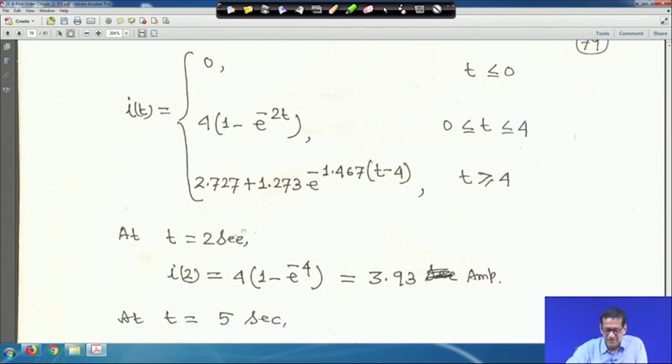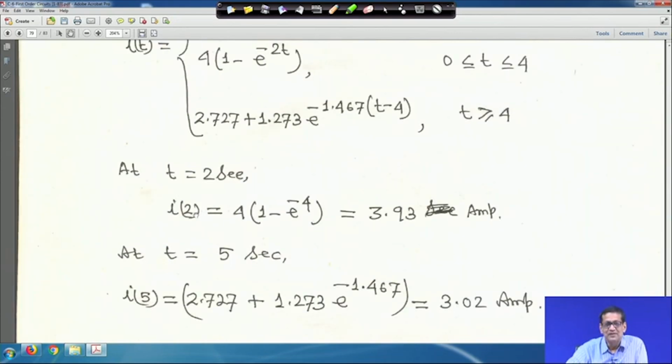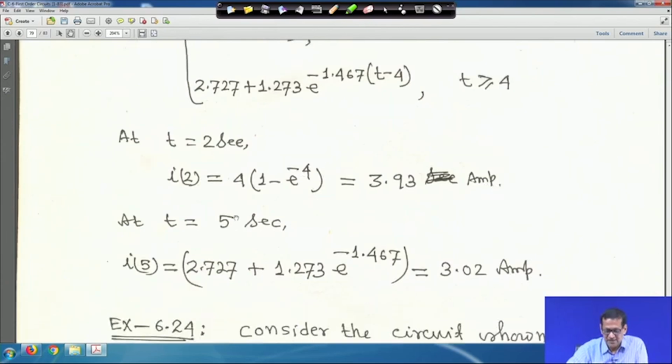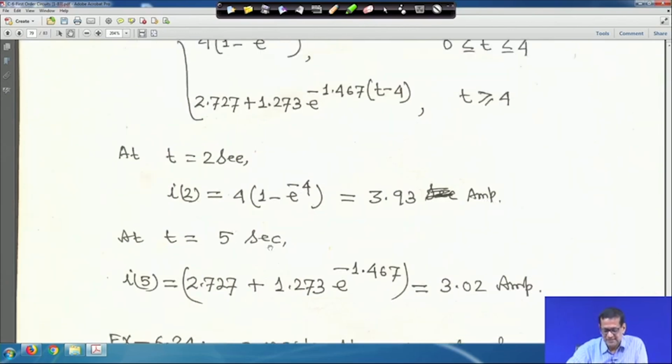It has been asked to find the value of I at t is equal to 2 second. So I 2 is 4 into (1 minus e to the power minus 4), which is 3.93 ampere. It is also asked at t equal to 4.5 second. So it will be 2.727 plus 1.273 into e to the power minus 0.73, which is 3.02 ampere.